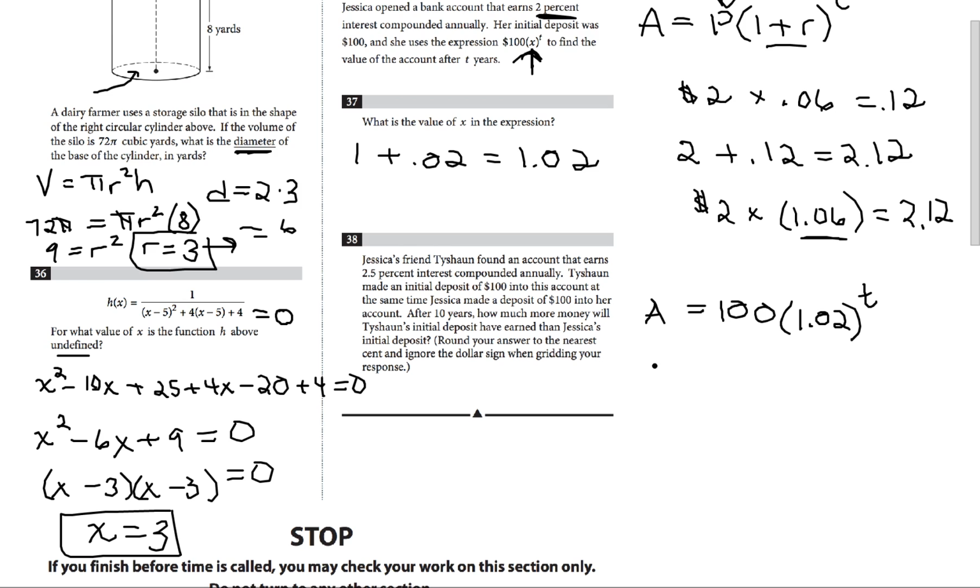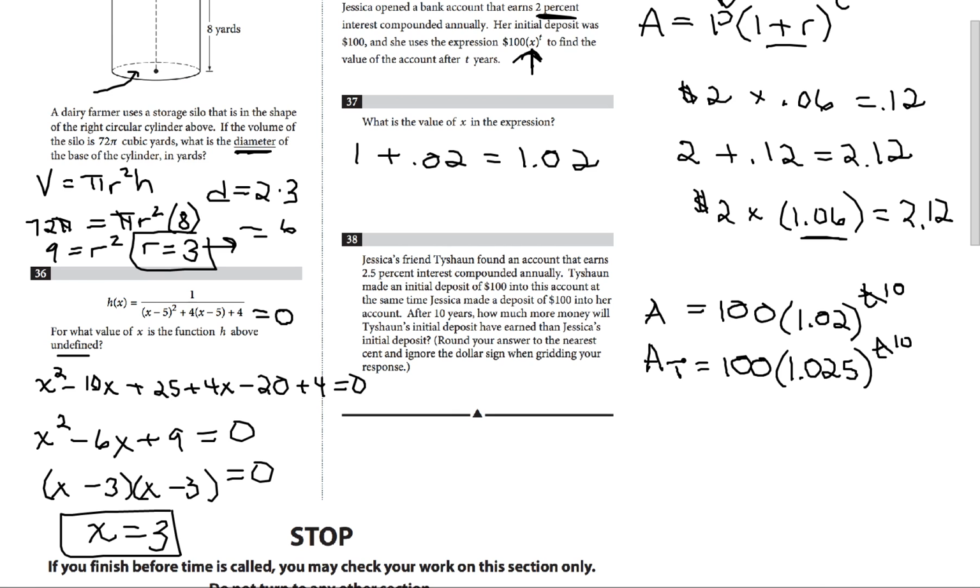So instead of 2%, she has an interest rate of 2.5%, so we have to add that 5 on there. And after 10 years, we're just going to make these t's 10.